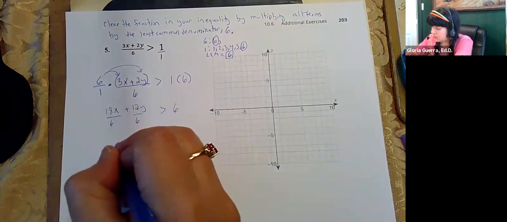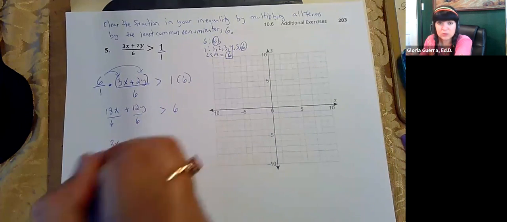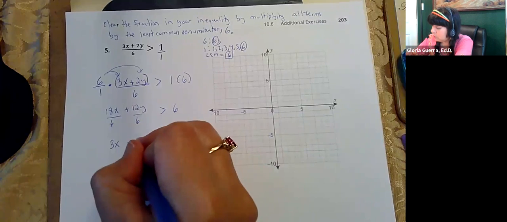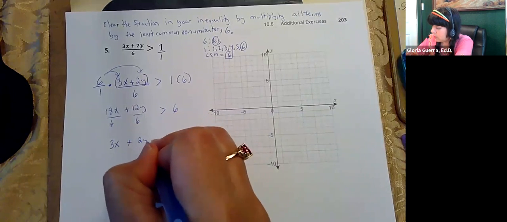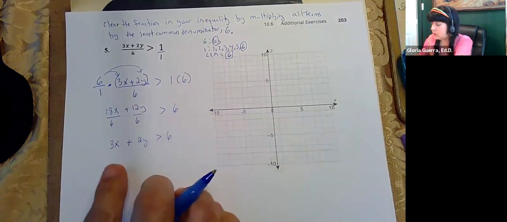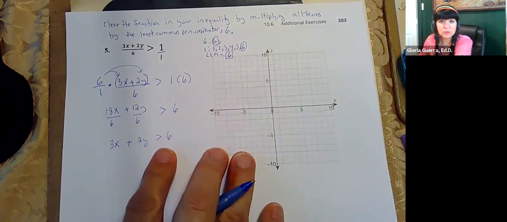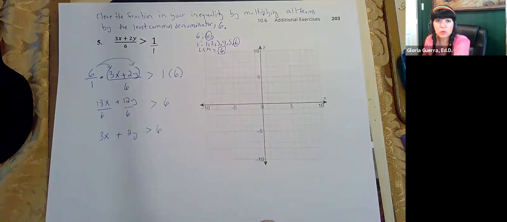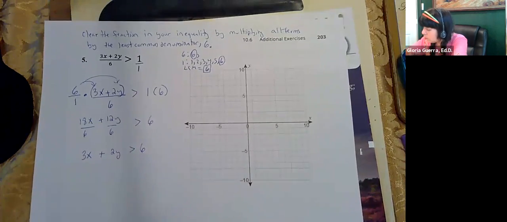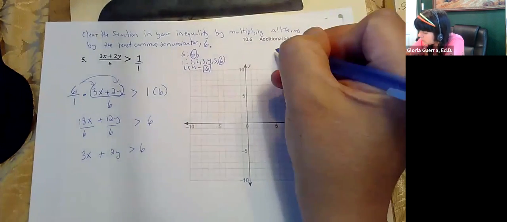18 divided by 6 is 3x, because 6 times 3 is 18. 12 divided by 6 is 2y. So you have 3x plus 2y is greater than 6. Okay. If you wanted to do the canceling, let me show you over here.